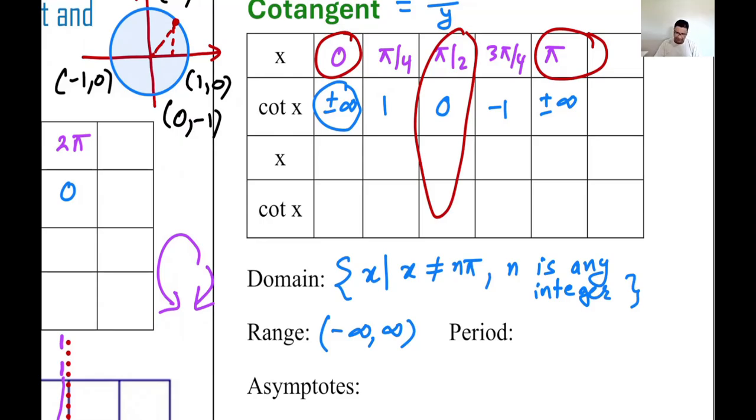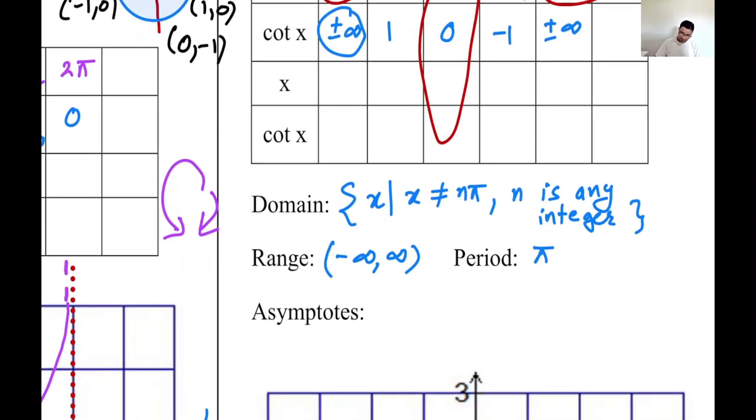So effectively, you will get everything again. Period is again pi, as you can see. From 0 to pi, it's taking all possible values from infinity to negative infinity. And the asymptotes will be now at x equals n pi. That's where the function is not defined.